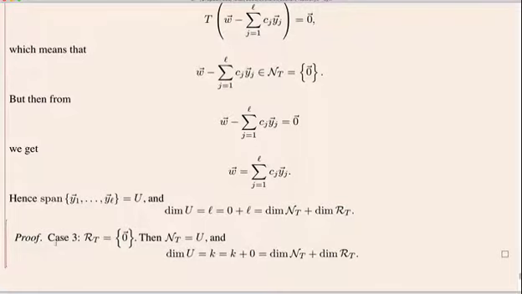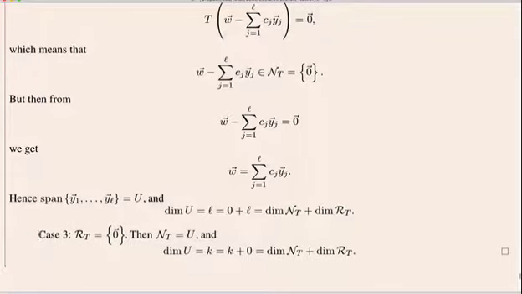The third case is when the range of T is the 0 vector only. Then the null space is the whole U, because all elements of U go to 0 according to that.